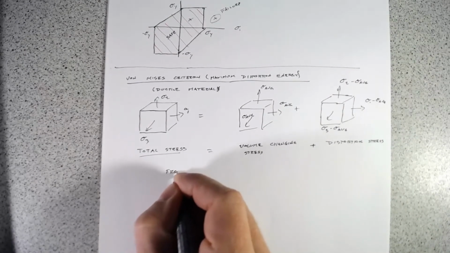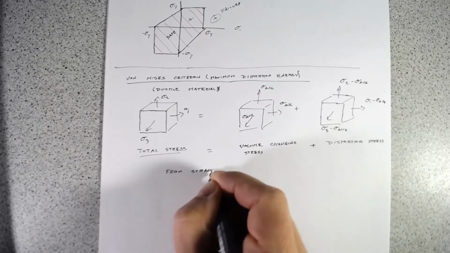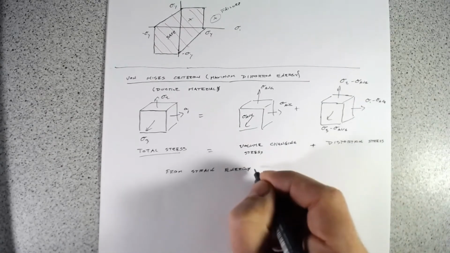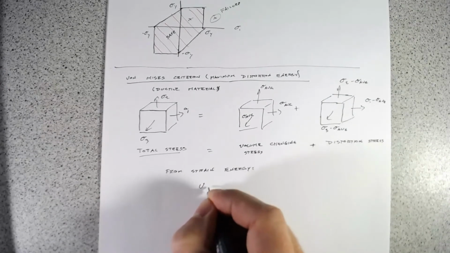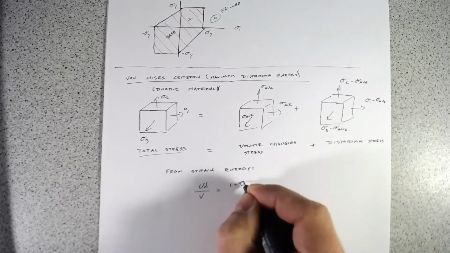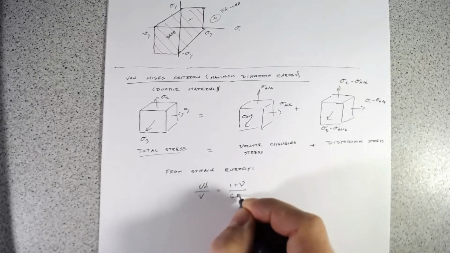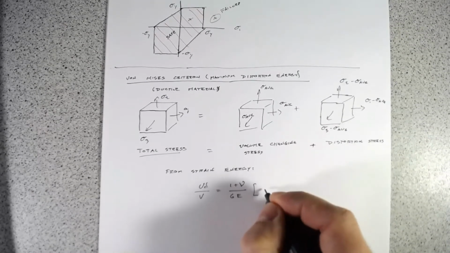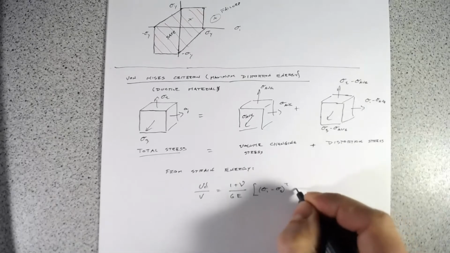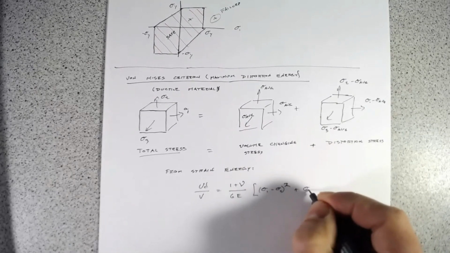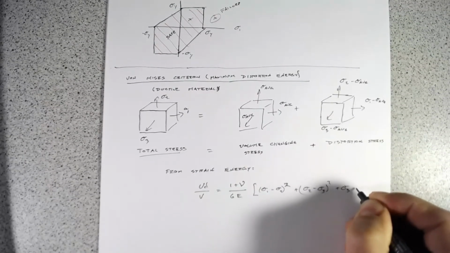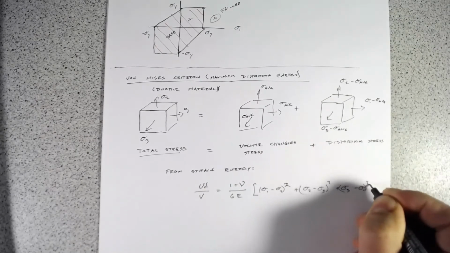And we can use the concept of strain energy to define this distortion stress. So, from strain energy, we get this relatively complex equation: 1 plus Poisson's ratio divided by 6 times the Young's modulus, times sigma 1 minus sigma 2 squared, plus sigma 2 minus sigma 3 squared, plus sigma 3 minus sigma 1 squared.